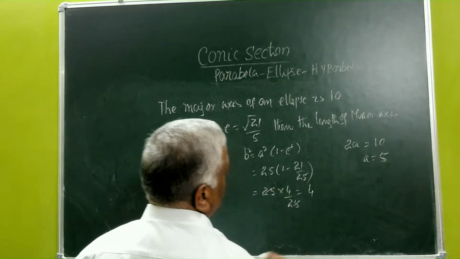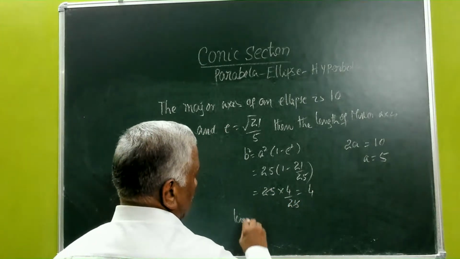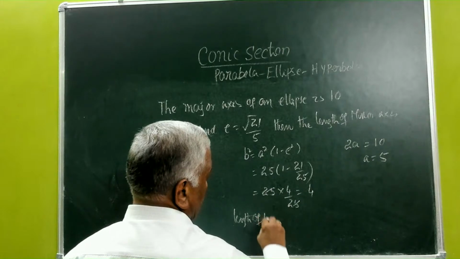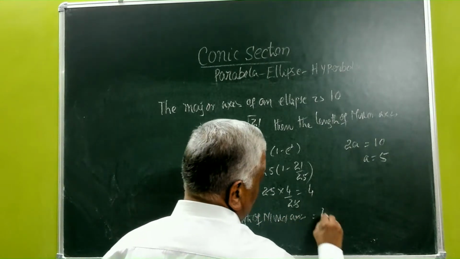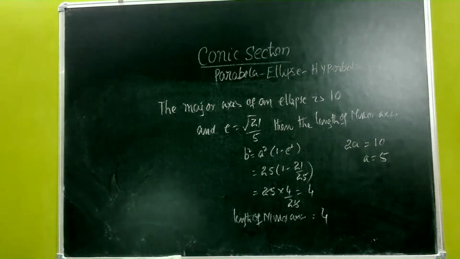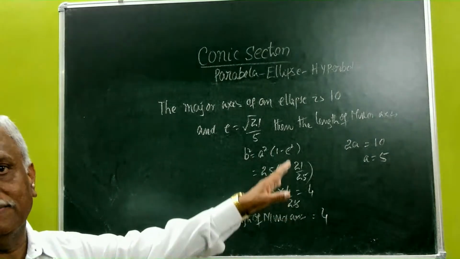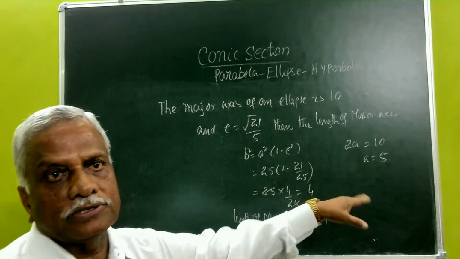So b square is 4, so the length of the minor axis equals 2b, that is 4. It is not b square, it is 2b. And b is 2, therefore 2b is 4.